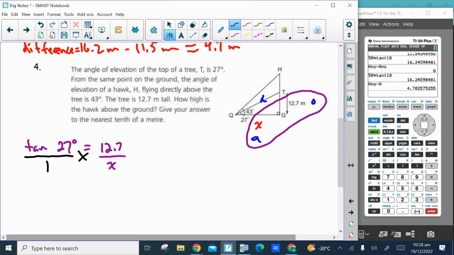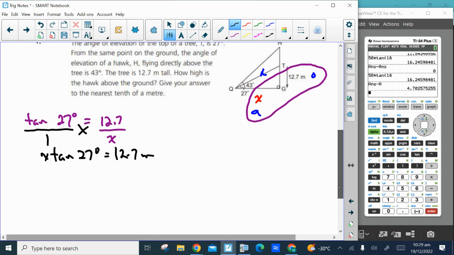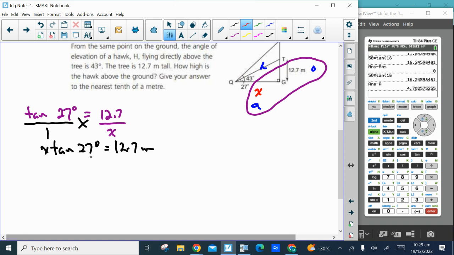Make both sides a fraction so we can cross multiply. So X times tan 27 equals 1 times 12.7. And we can put M for meters there because that is the unit. And then to get X by itself, we need to divide both sides by the tan of 27 degrees.